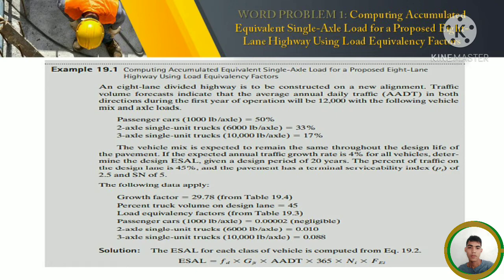The load equivalency factors from table 19.3: the passenger car's 1,000 pounds per axle is equal to 0.0002, negligible. The 2-axle single unit trucks at 6,000 pounds per axle is equal to 0.010, and the 3-axle single unit trucks at 10,000 pounds per axle is equal to 0.088.